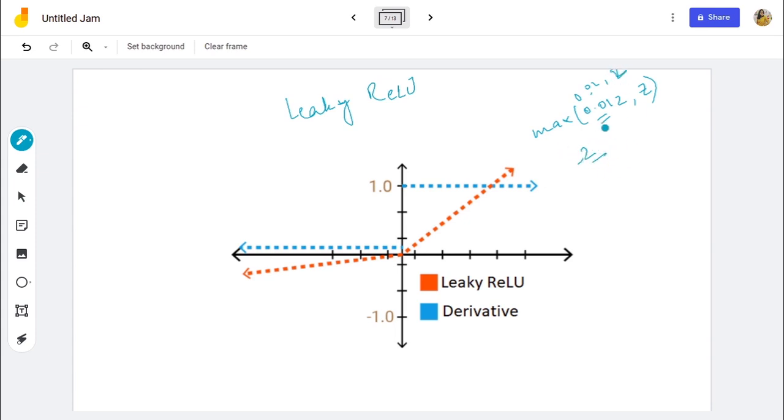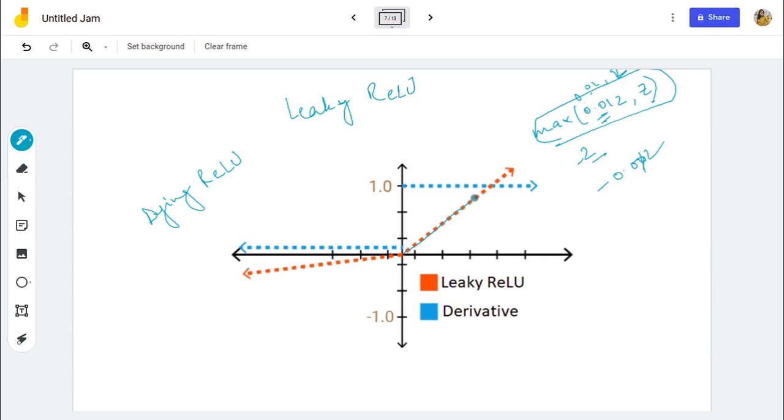For a negative value, -2, the maximum of -0.02 and -2 gives -0.02. So it tried to eliminate the problem of dying neurons, or dying ReLU, using this function.